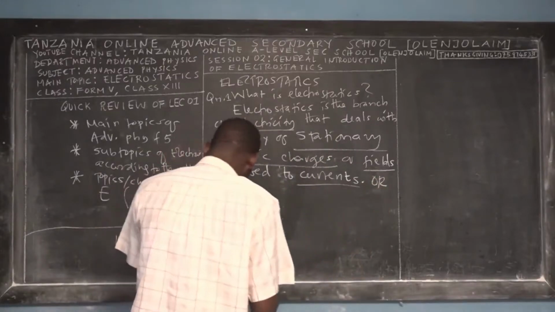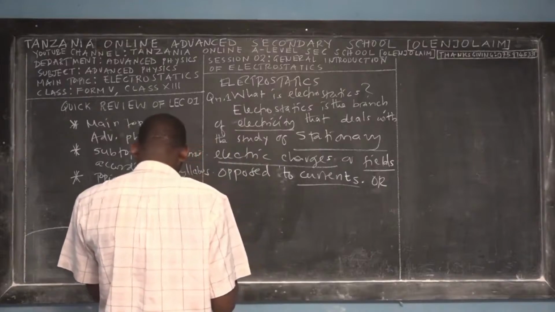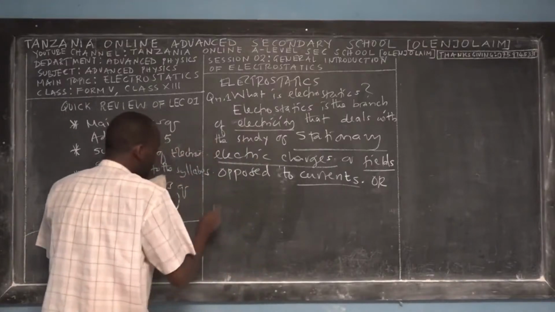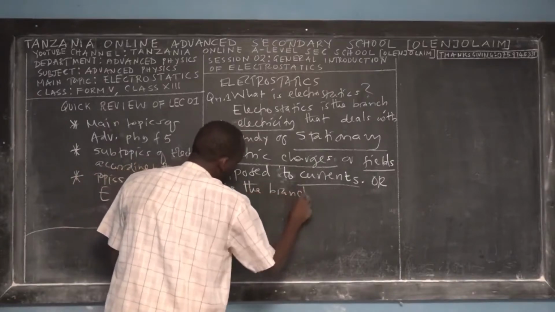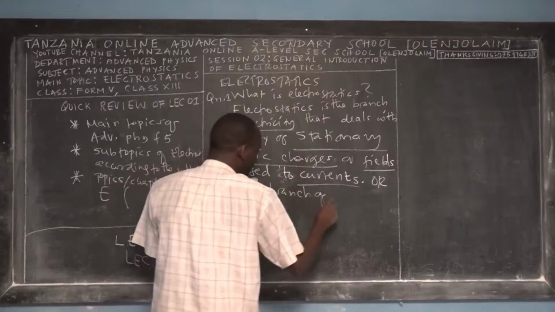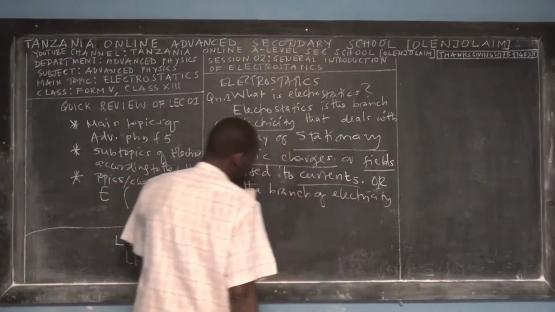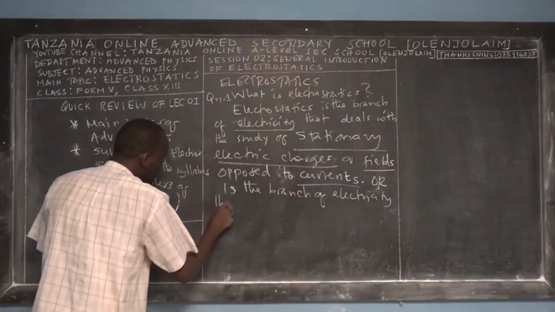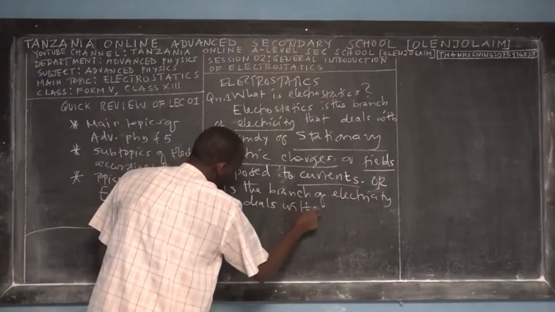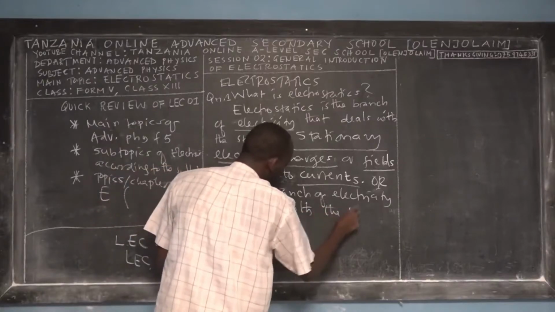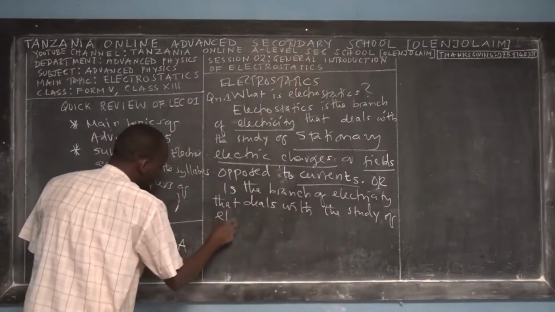Now the second definition, which might be simpler. Electrostatics is a branch of electricity that deals with the study of electric charges.